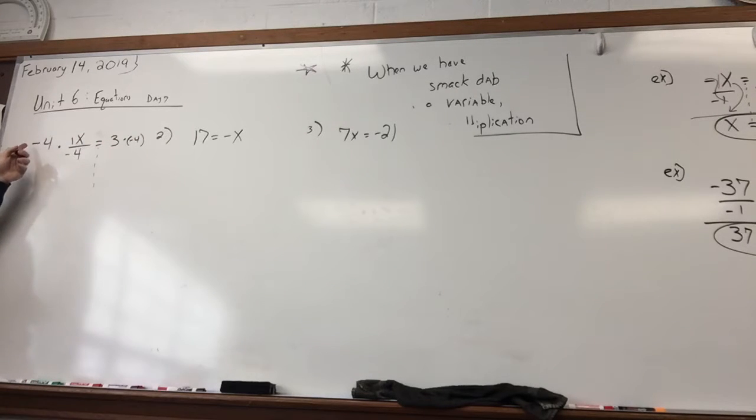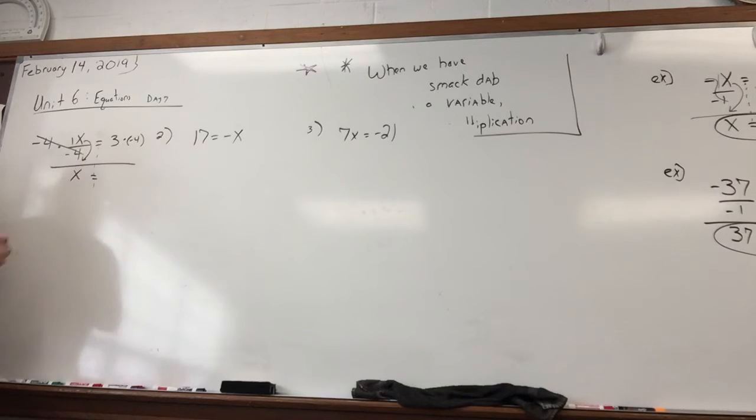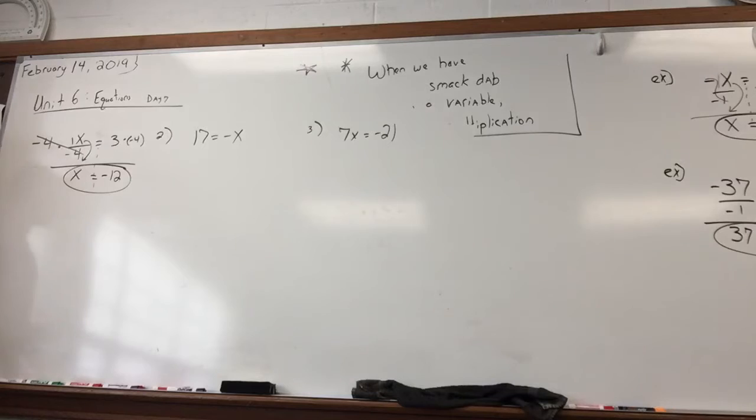Remember, we're really multiplying negative 4 by 1. That gives me negative 4 divided by negative 4. But for most of you, what you need to understand is if we multiply by the denominator, we're just left with 1x. So now my x comes down and it's positive. 3 multiplied by negative 4 is negative 12. Good. That is what you get?